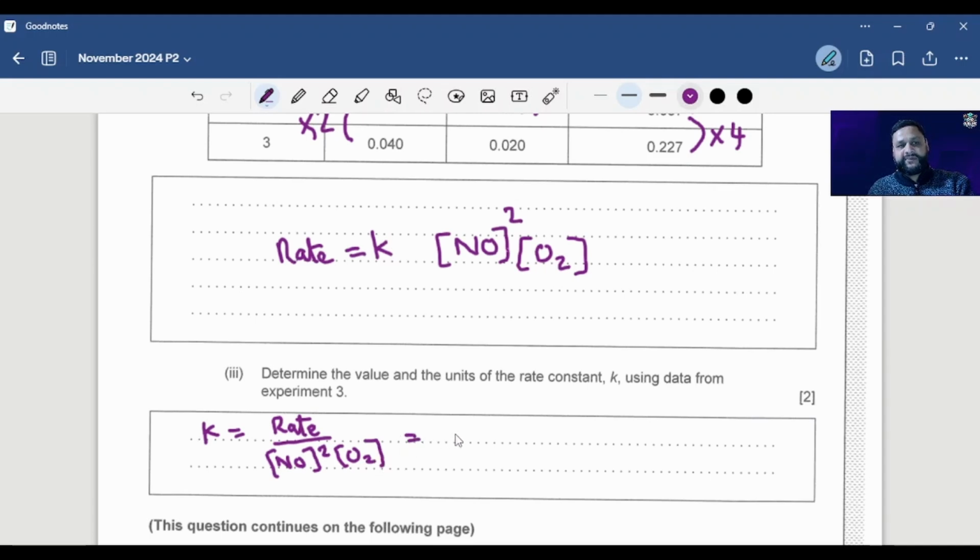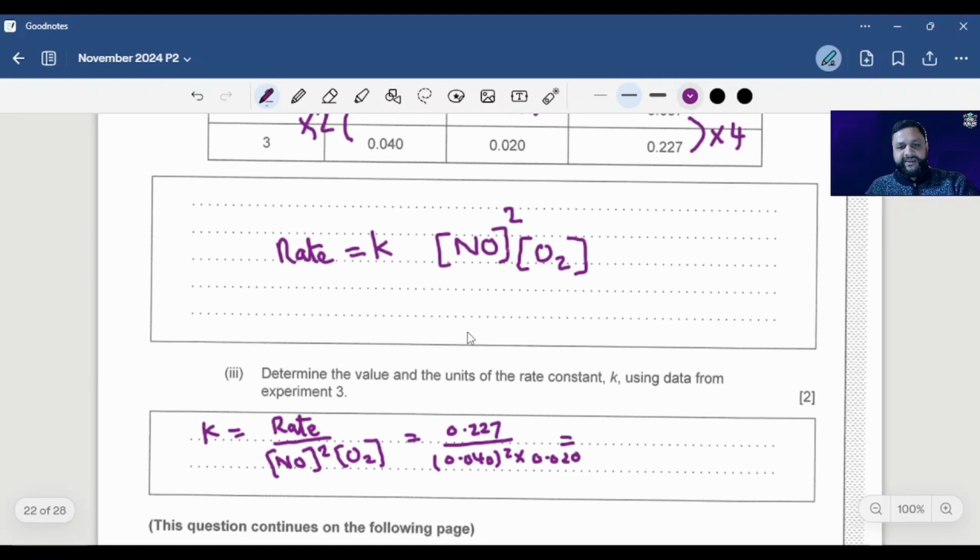So the rate for experiment 3 is 0.227 divided by molar concentration of NO, which is 0.040 squared, times 0.020.